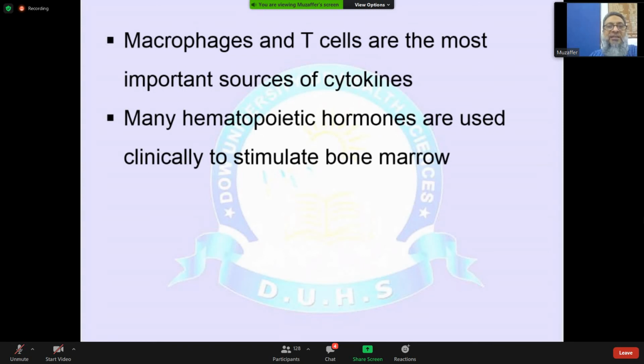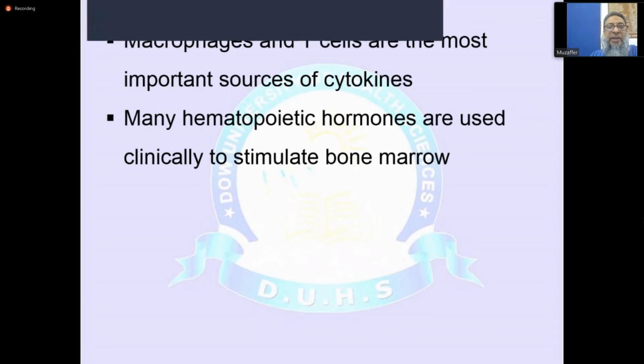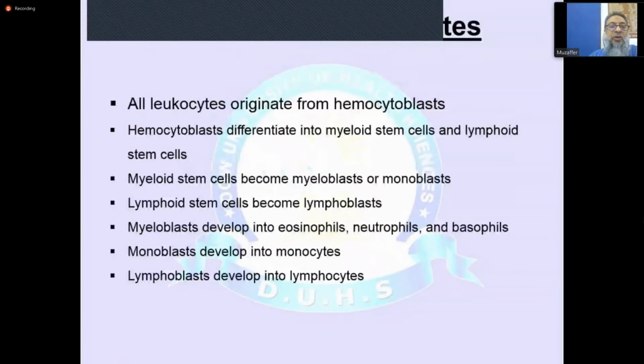Macrophages and T cells are the most important source of the cytokines, you can see here, and many hemopoietic hormones are used clinically to stimulate the bone marrow, and they are artificially available to enhance bone marrow activity. So all leukocytes originate from the hemocytoblast.